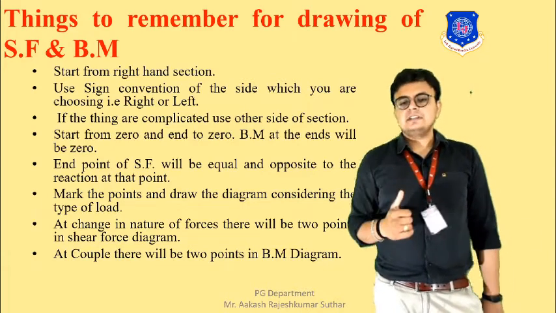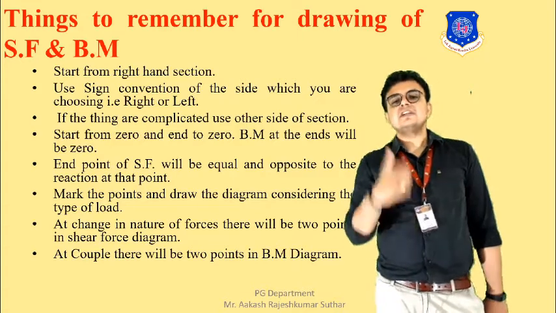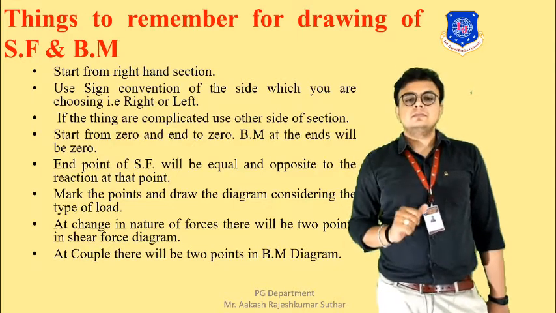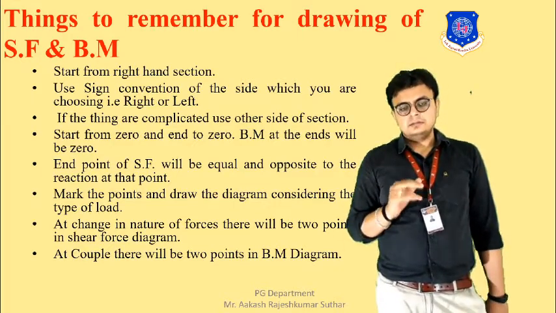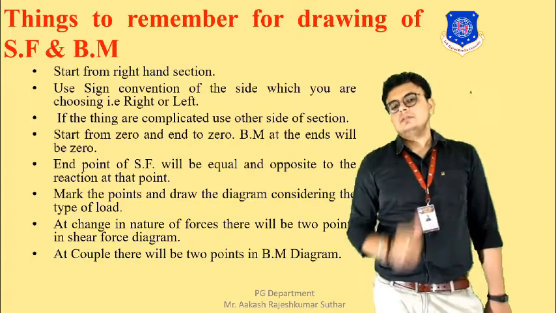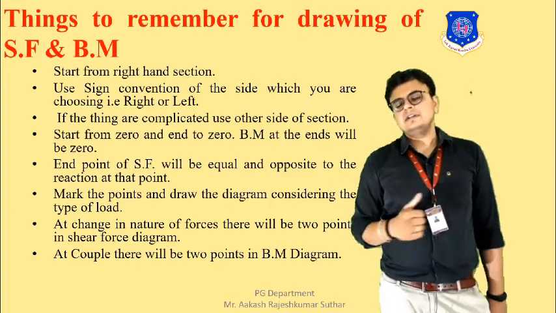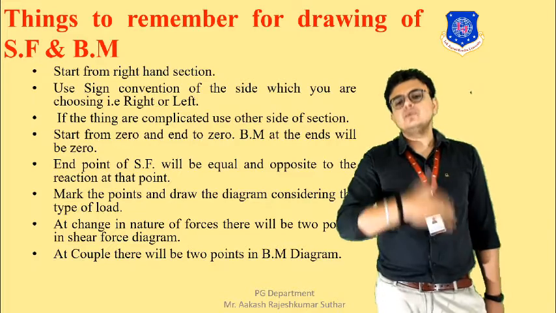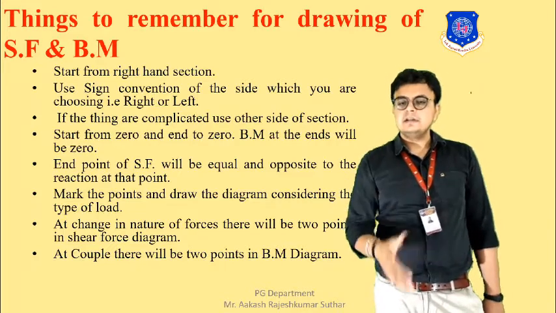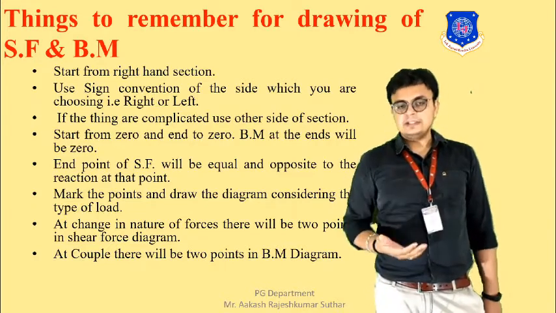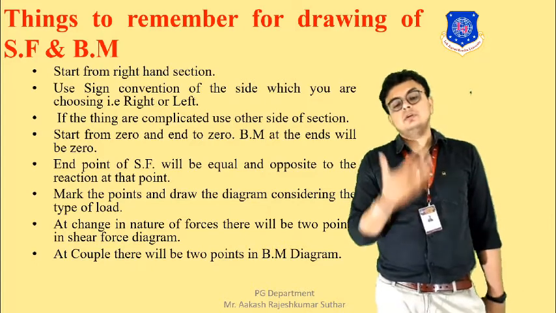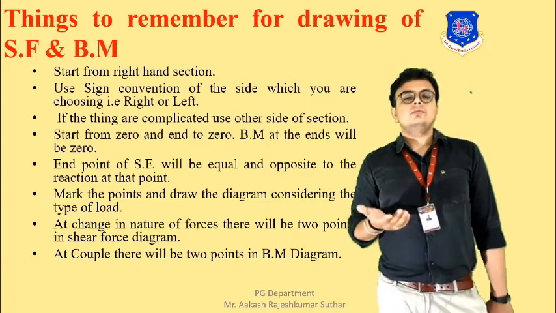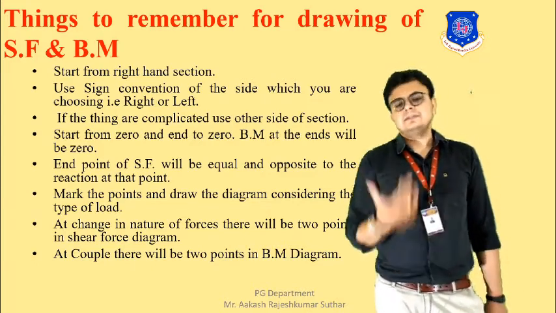Mark the points and draw the diagram, considering that the type of the diagram should be according to the load. If it is a concentrated load, then it should be according to that. If it is a UVL, then also it will be accordingly. If it is a UDL, uniformly distributed load, then that will also have its own type.